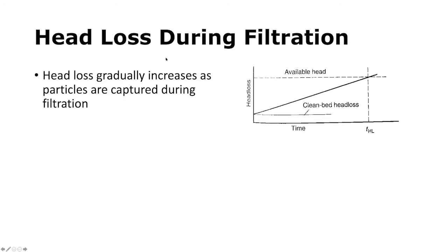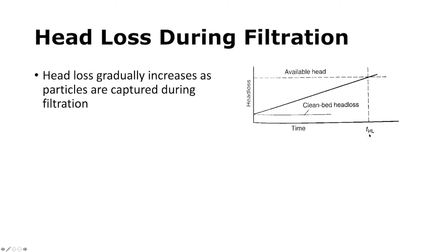So again, head loss during the filtration process will increase at a rate that is typically linear. You can see here at time 0, we have a low head loss. And as we accumulate material on the filter, that head loss is going to increase.